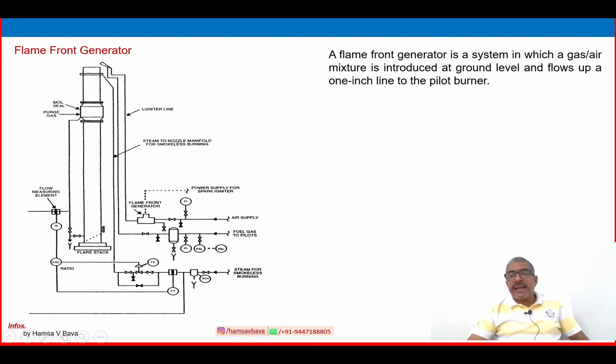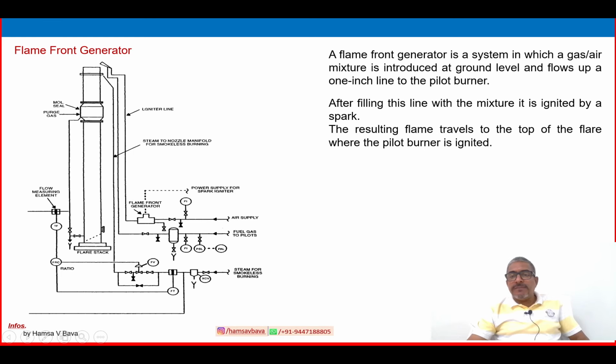A flame front generator is a system in which an air gas mixture is introduced at ground level and flows up a 1-inch line to the pilot burner. This is the pilot burner, and this is the main burner tip. After filling this line with the mixture, it is ignited by a spark here itself, and the fire starts from here.